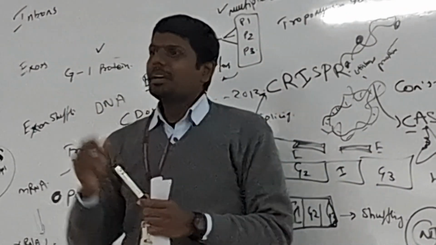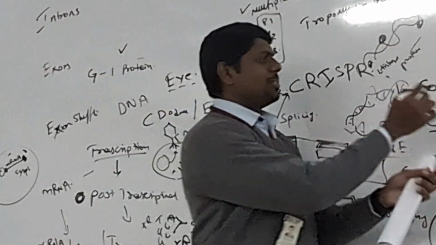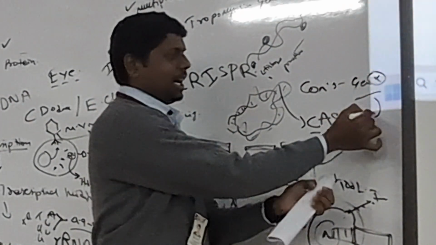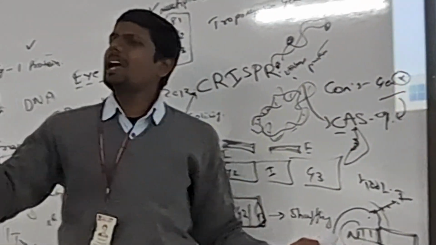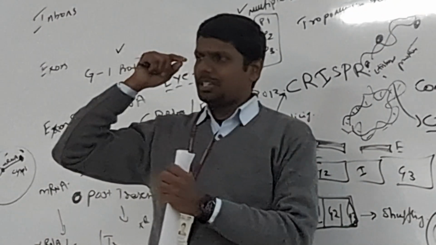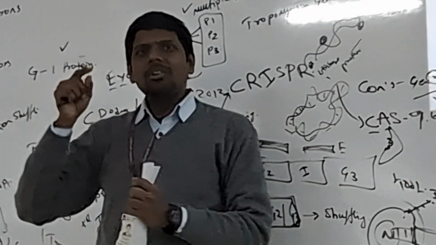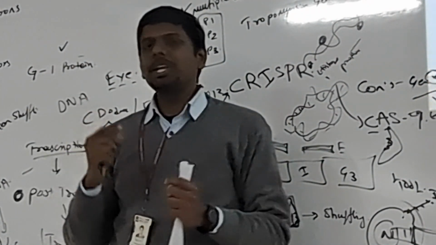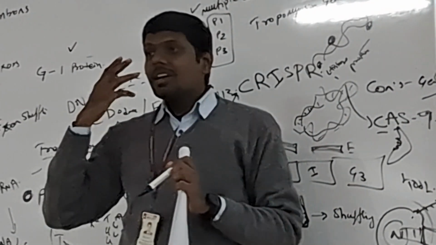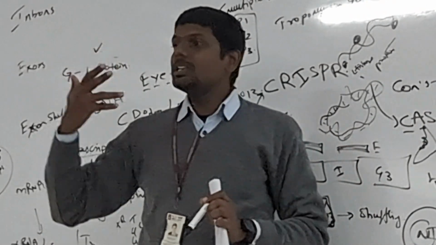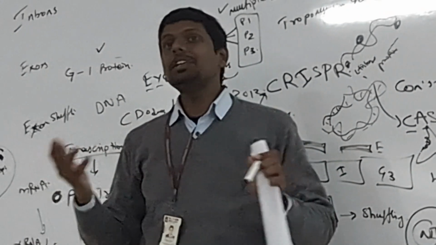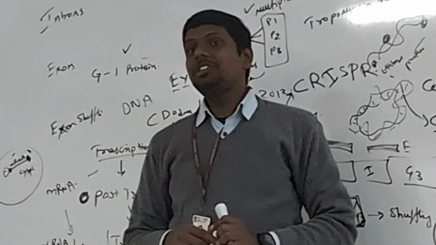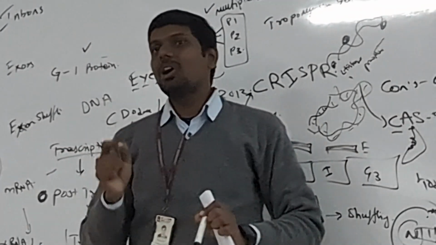So what they did, they reintroduced cone coding genes into the eyes. Simply, they kept a Cas9 enzyme along with these RNAs. And you know what happened? After 6 months of treatment, the eye started developing its own cones. And this person saw the world for the first time. A genetically blind person saw the world.